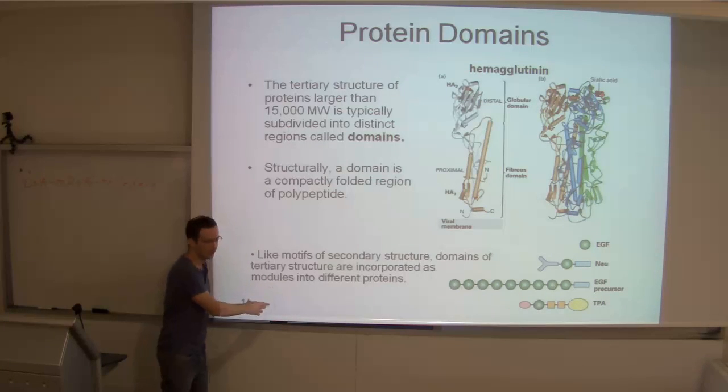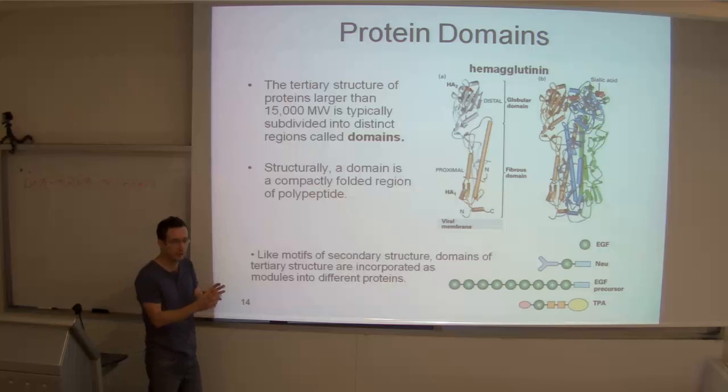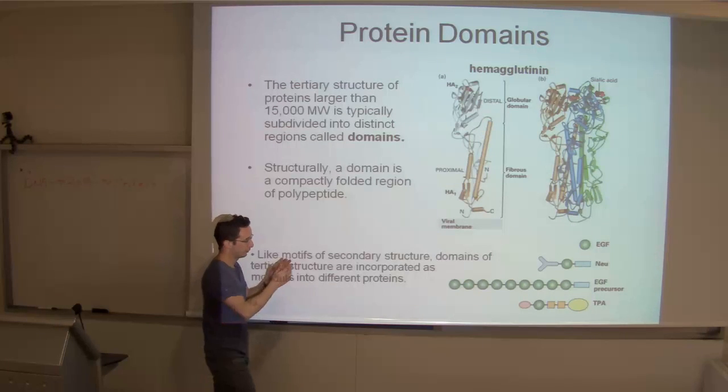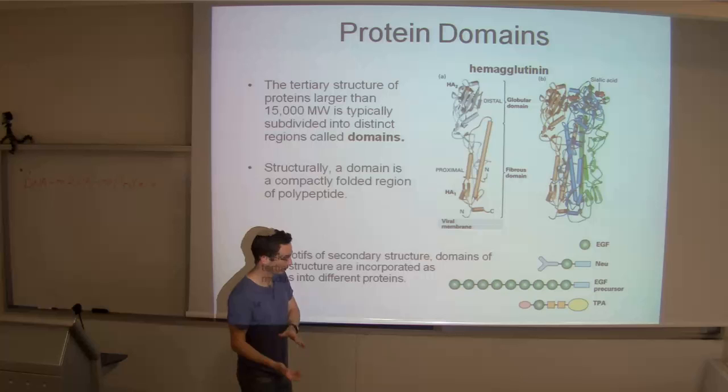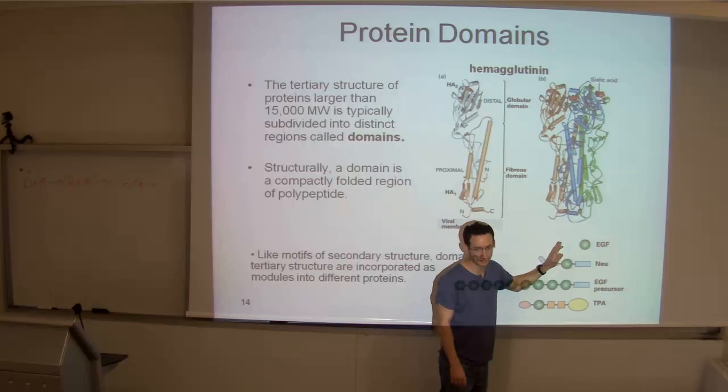So a module here means a well-defined, relatively small structure that you can use in other proteins, something like a piece of Lego that can be used for a certain purpose and for another one and so on. For instance, EGF is the name of a protein.